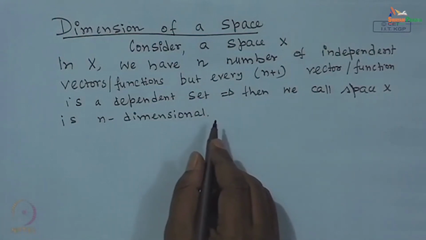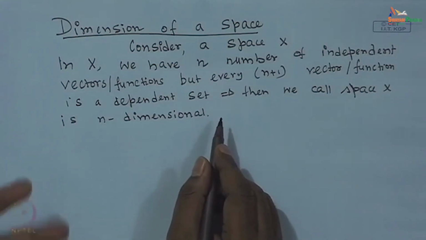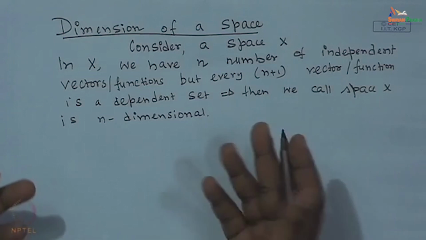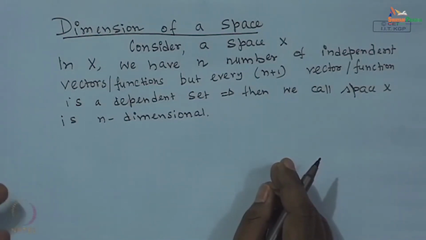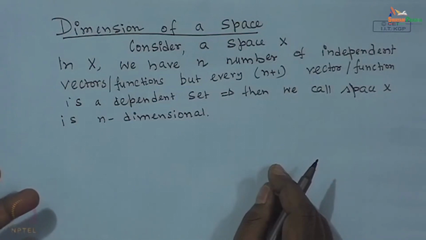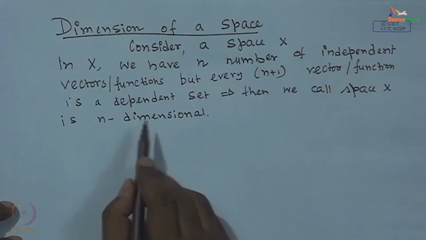Therefore, if we have a 3-dimensional space, then we have to have 3 independent vectors. Every other vector present in the space can be expressed as a linear combination of these 3 independent vectors. So the dimension of the space is n.